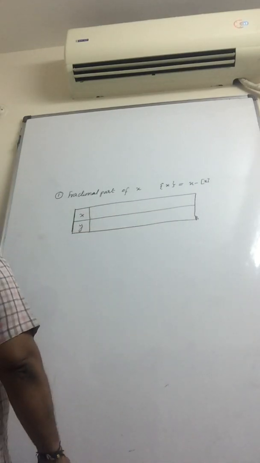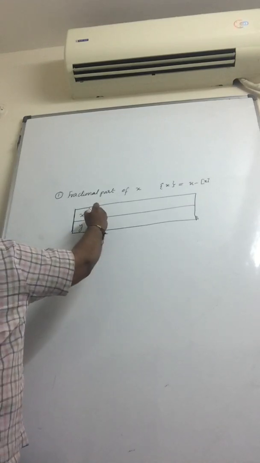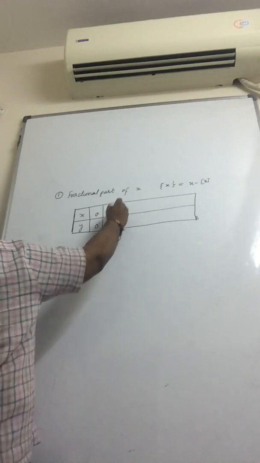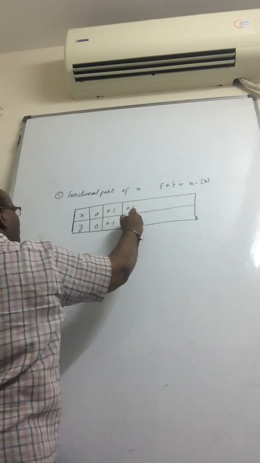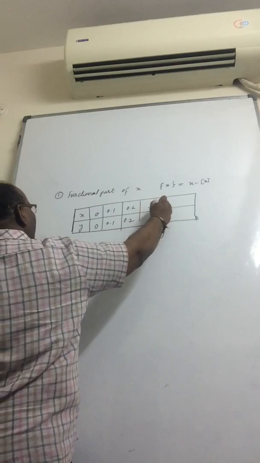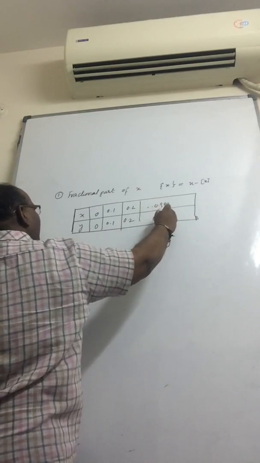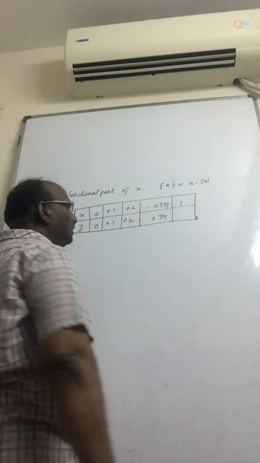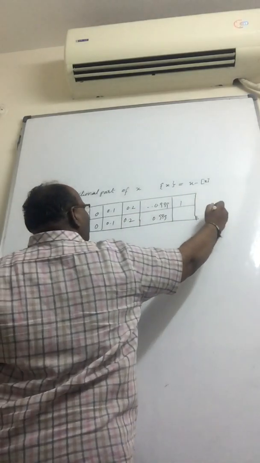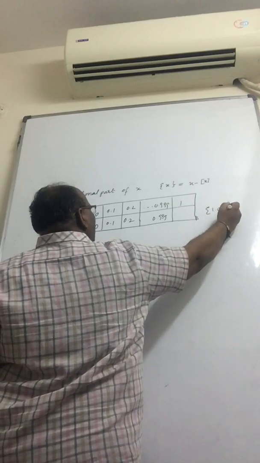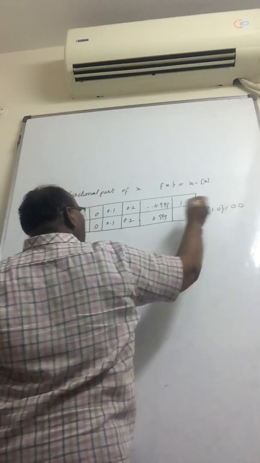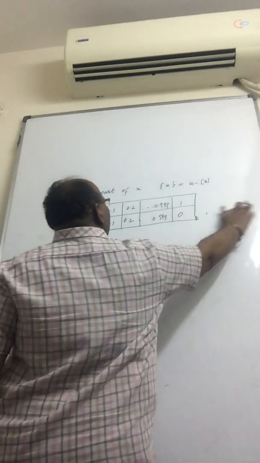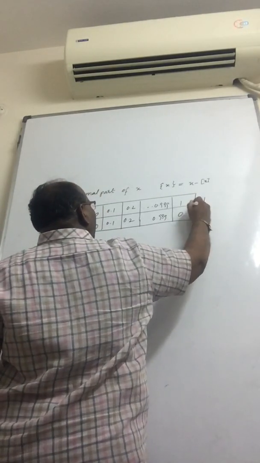If you take x as 0, we get 0; 0.1, 0.1; 0.2, 0.2; 0.9999, we get 0.9999. When it comes to 1, fractional part of 1 means 1.0, which is 0.0. If you take 1.1, you get 0.1.